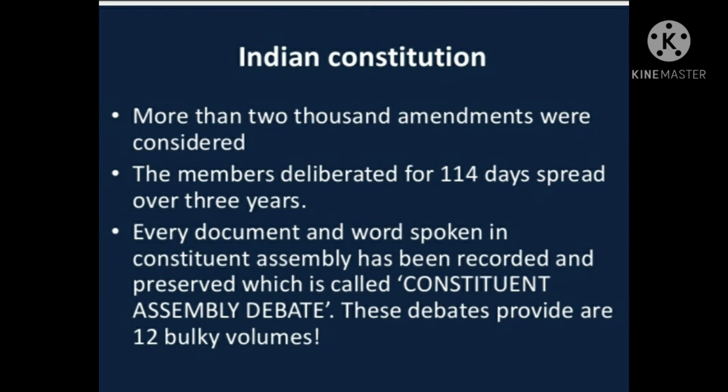The Constituent Assembly worked in a systematic, open and consensual manner. First, some basic principles were decided and agreed upon. Then, a drafting committee chaired by Dr. B.R. Ambedkar prepared a draft constitution for discussion.